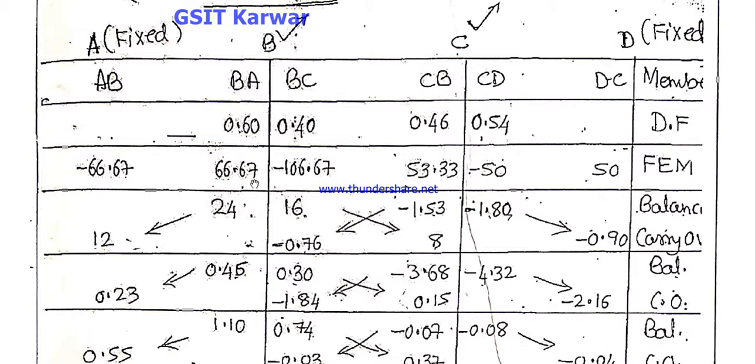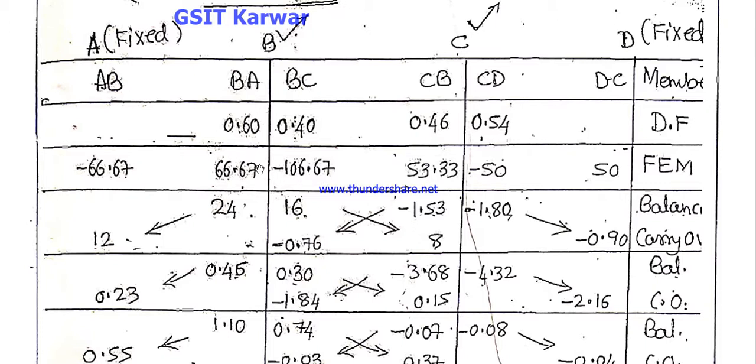At joint B, you add both the fixed end moments, that means fixed end moment BA plus fixed end moment BC. Here, if you add 66.67 minus 106.67, you get minus 40.